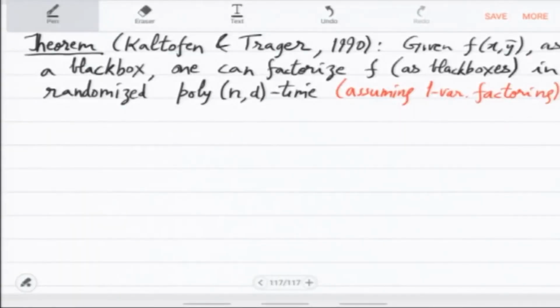The factors also could have exponentially many monomials, but there is still a fast way to do this and present the factors efficiently. It goes without saying that this is also the first irreducibility test, right? You can test black boxes for irreducibility.